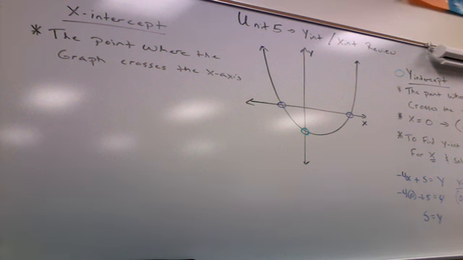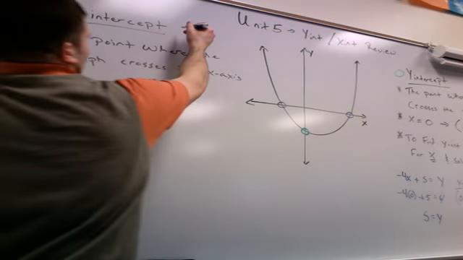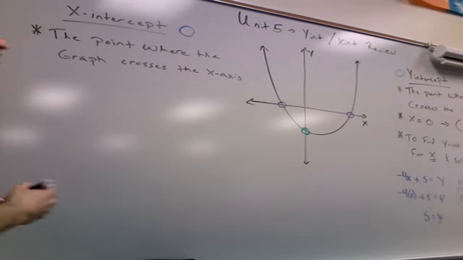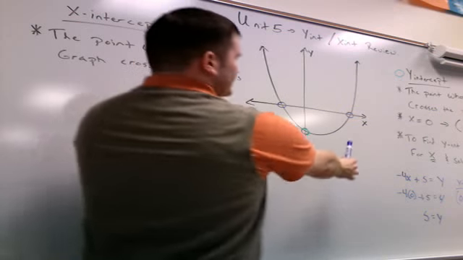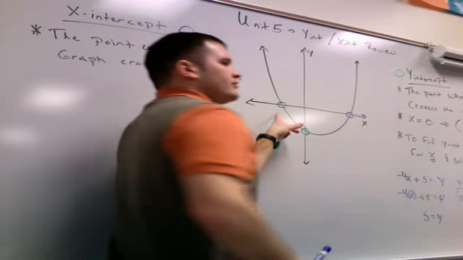The point where the graph crosses the x-axis. Which circle is it on the graph, green or blue? Blue. The blue circles on the graph are the x-intercepts, right? So these are my two blue circles.